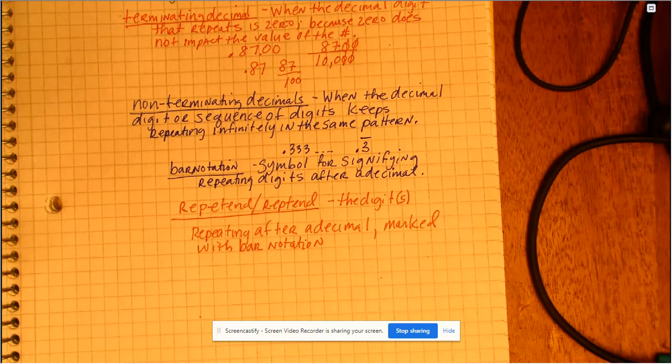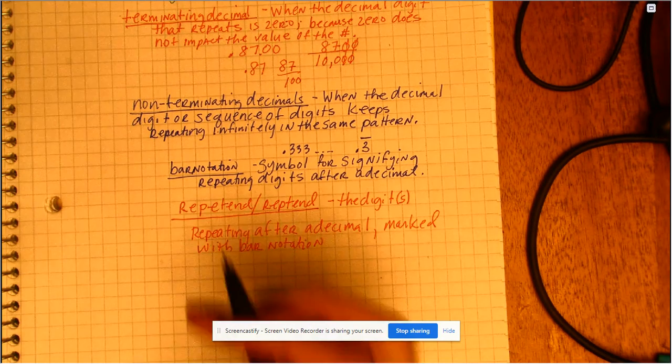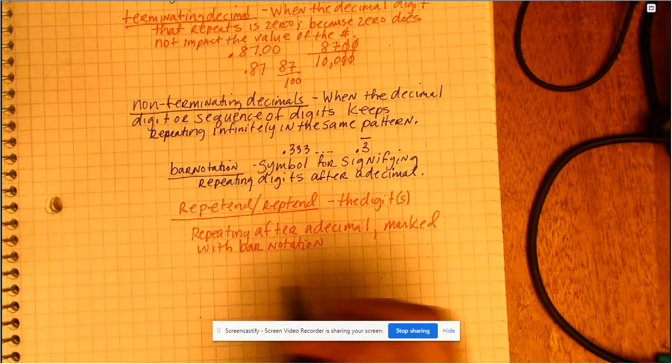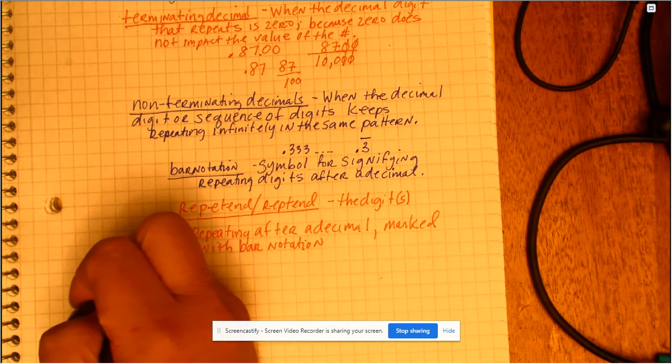So the questions we want to ask ourselves a lot of times is we want to figure out when we're looking at a decimal, what are the significant digits?